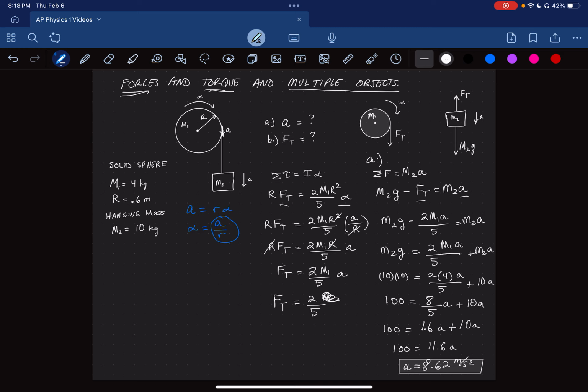How silly of me. m1 is 4, and a is 8.62. So Ft is equal to 13.8 newtons.